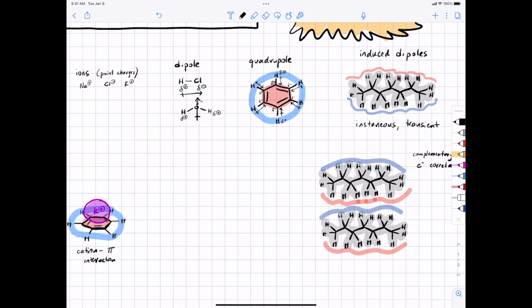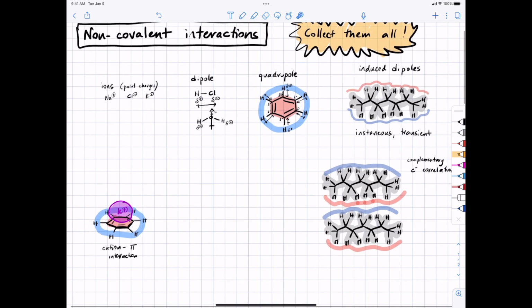All right, so individually, these induced dipole interactions are weak, but they can add up to be a lot. For example, induced dipoles are how geckos can walk on walls and ceilings. And we'll talk about the various factors that influence the strength of these interactions.